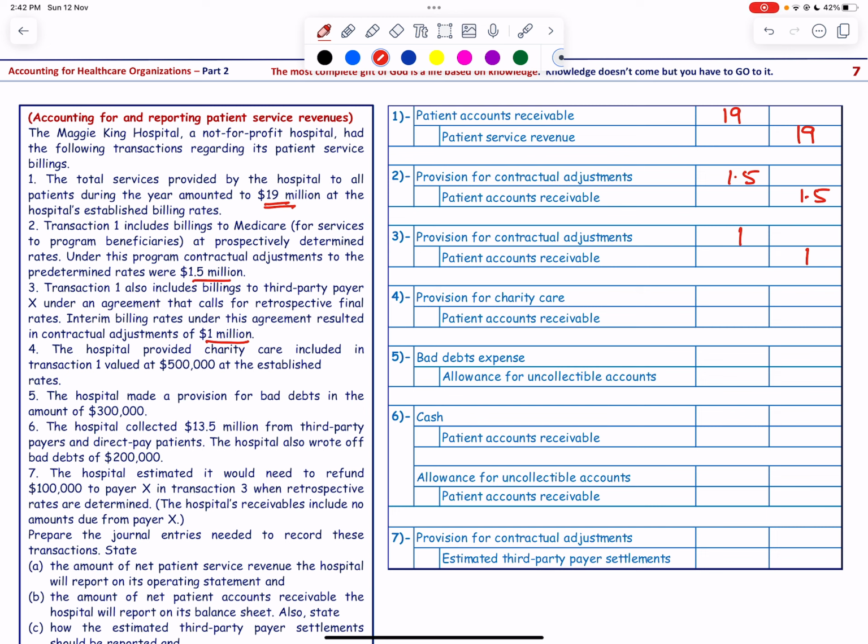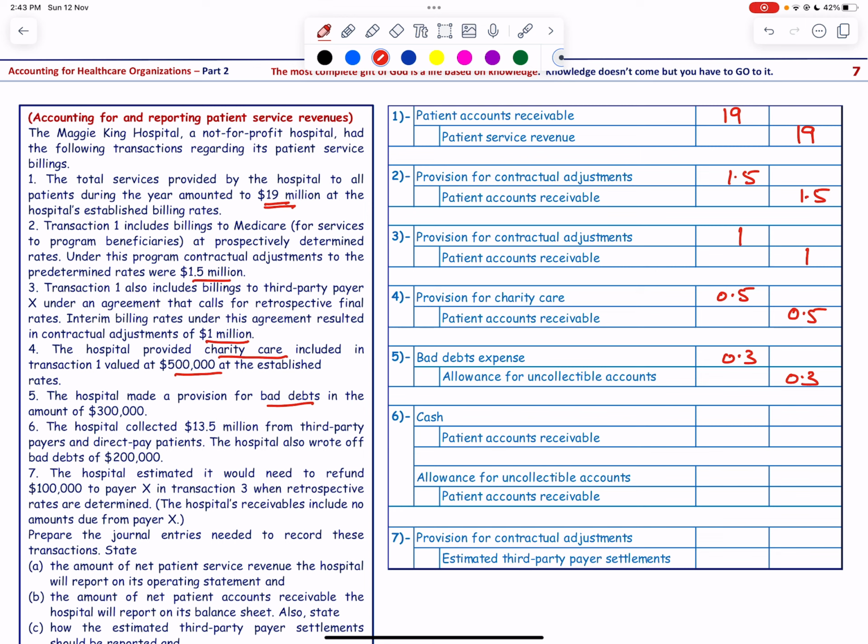The hospital provided charity care included in transaction 1 valued at 500,000 at the established rate. So once again, this is provision for charity care, 500,000, and patient account receivable is credited by 500,000. Then the hospital made a provision for bad debts. So that means we have bad debt expense debit by 300,000, and allowances are credited by 300,000.